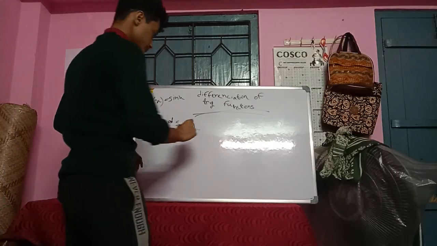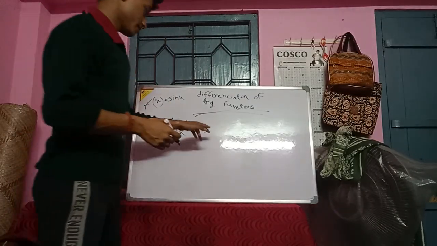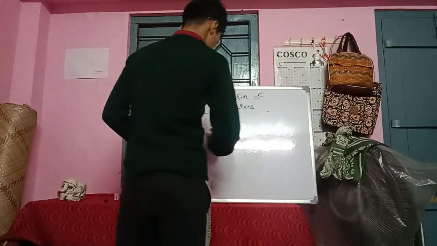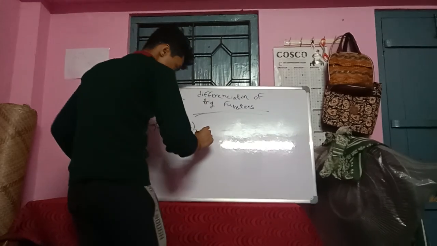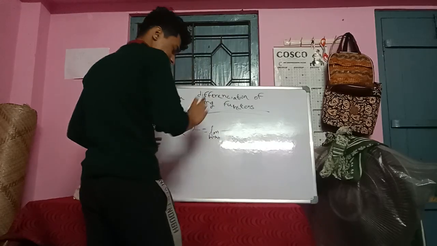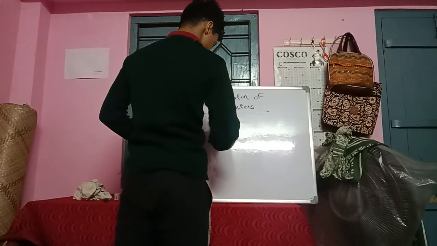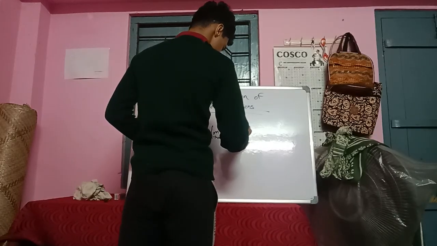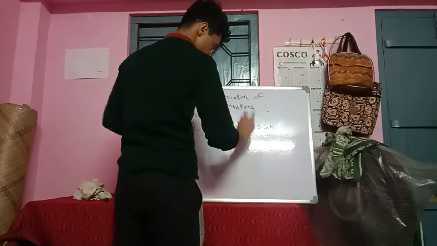Okay, and from the first principles of calculus, what I learned is this would become the limit as h approaches 0 of sine of x plus h minus sine of x over h.